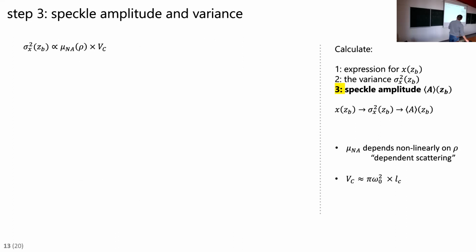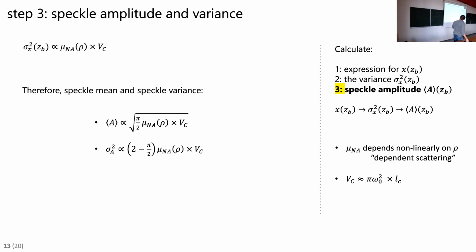So then step 3 is basically just filling in these equations and crossing out some constants, so we get a variance that is proportional to this new mu_b,NA, the volume resolution of the OCT system, and the mean variance of the speckle pattern.